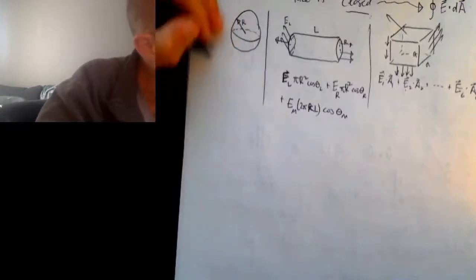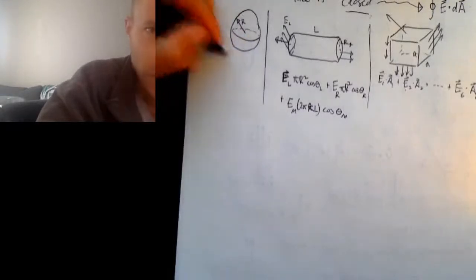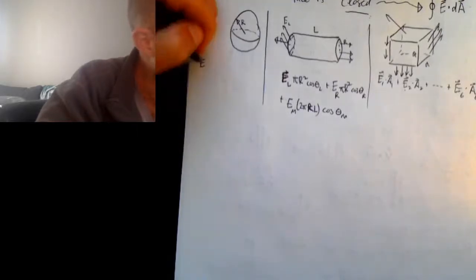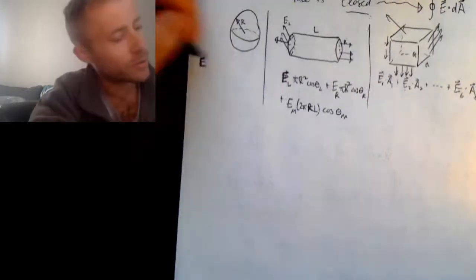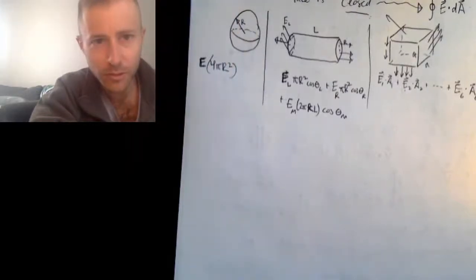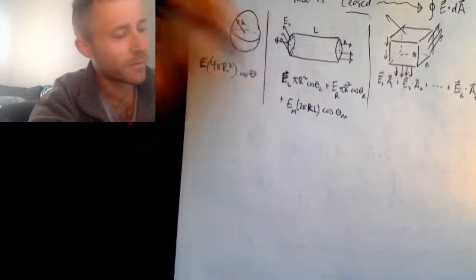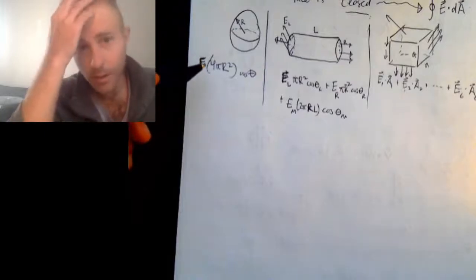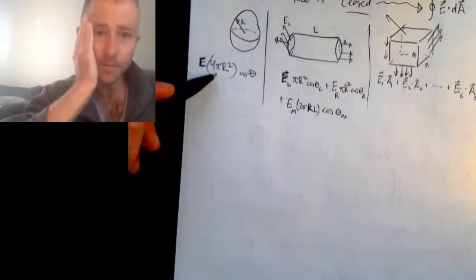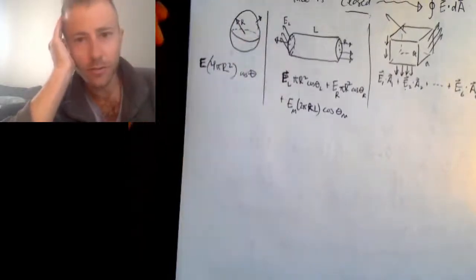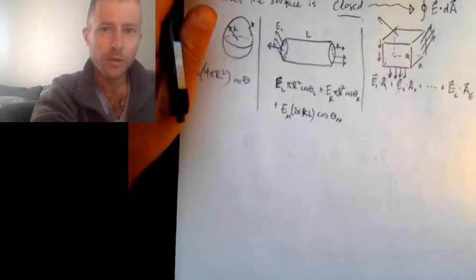So the flux through the surface of a sphere is going to be E times 4 pi r squared, because that is the surface area of a sphere, times cosine of theta, where theta is the angle between the normal to the sphere, which would point outward, and the electric field.